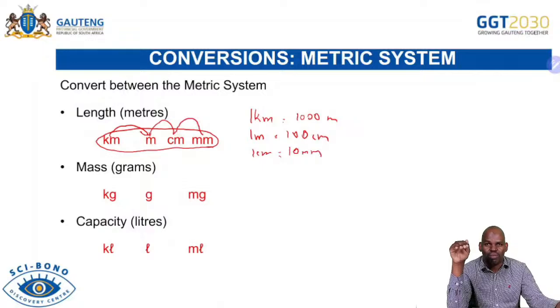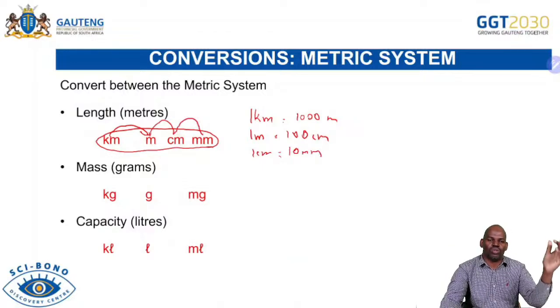Where you see 1 centimeter, on the other edge you'll see 10 millimeters. So it means 1 centimeter is equal to 10 millimeters.